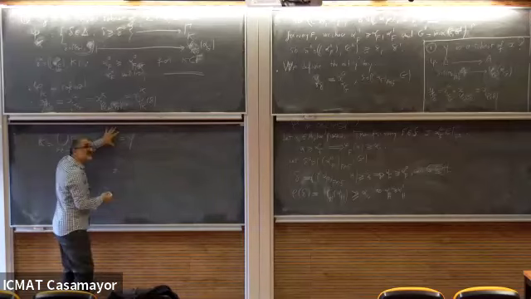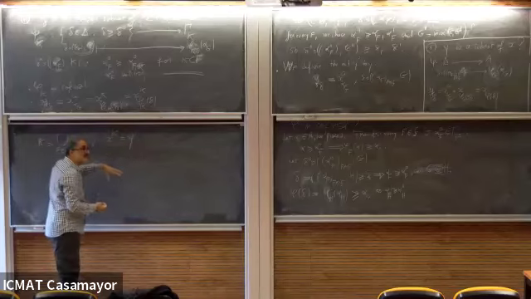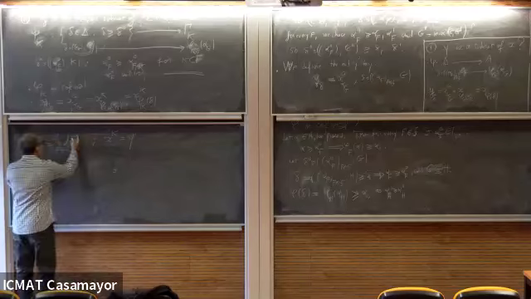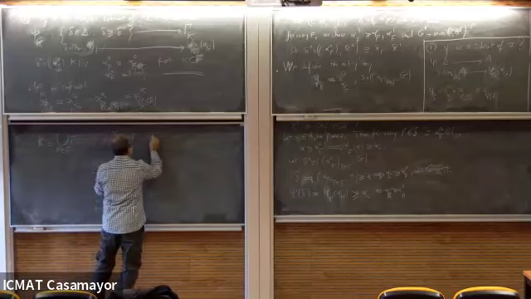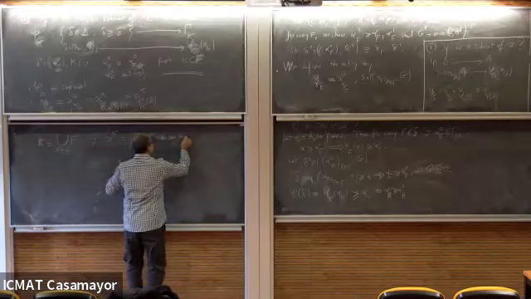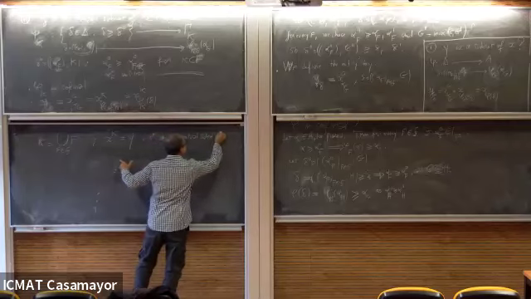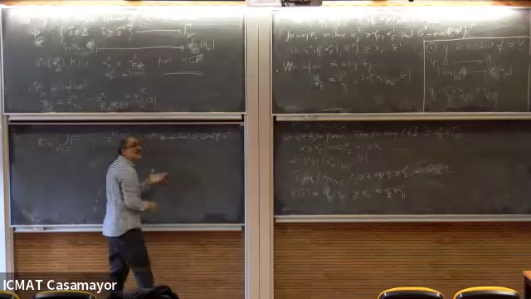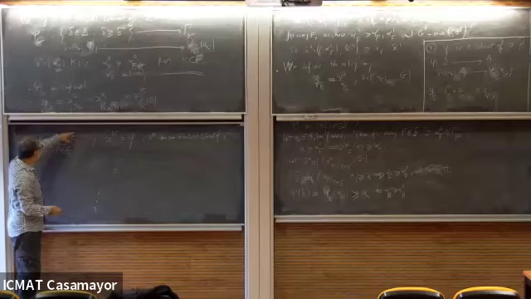So this net satisfies all properties here, because x k is an eventual subnet of x f for every f in F. And so it satisfies all properties pi when i belongs to F.